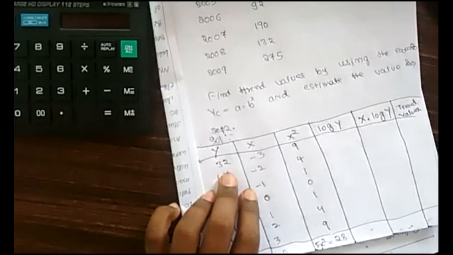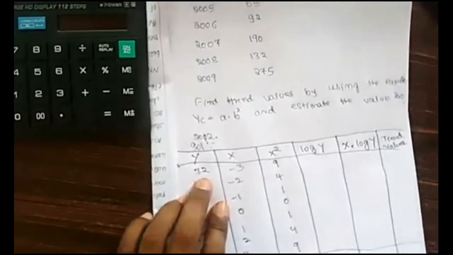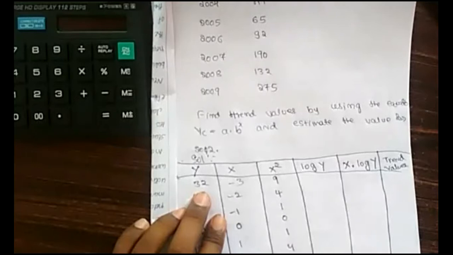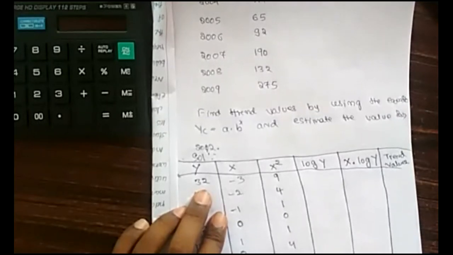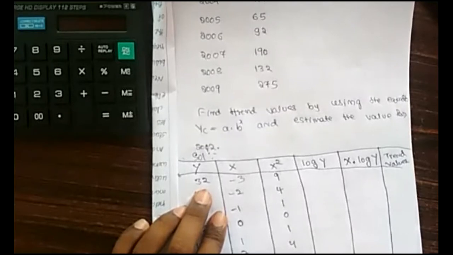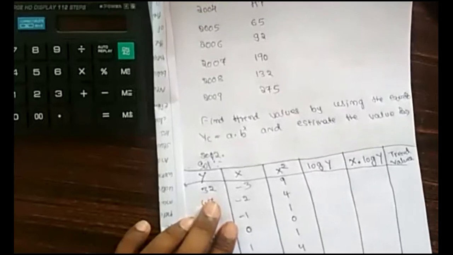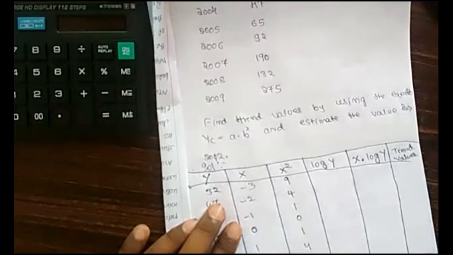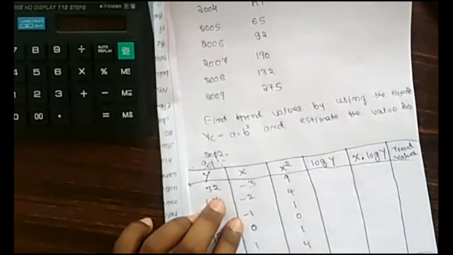Can anyone tell me the log value for 32? 1.5051. Okay, I'll explain how to find log values.